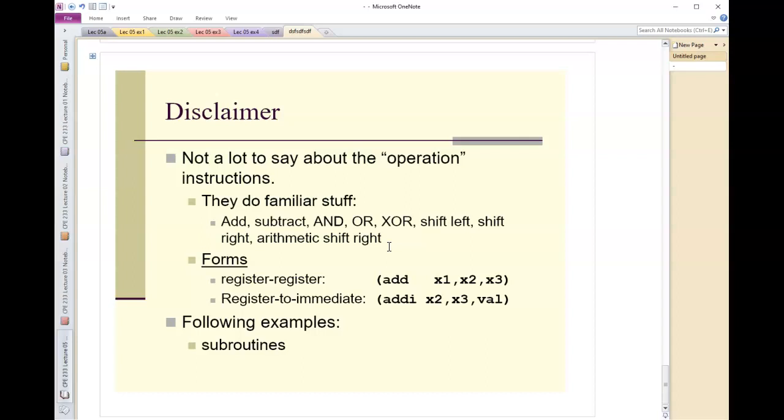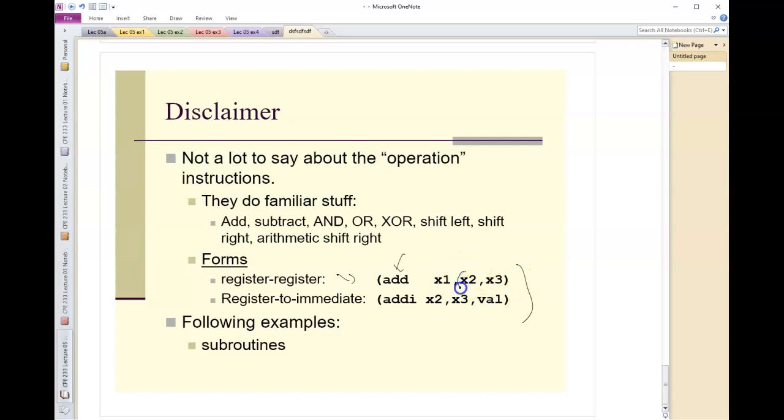So the two forms of these operations that we're going to deal with are essentially these two forms right here. I got in the habit of calling them a register form and a register immediate form. The idea behind this operation is like this. This is an instruction. It's obviously an add instruction because I have an add mnemonic there.